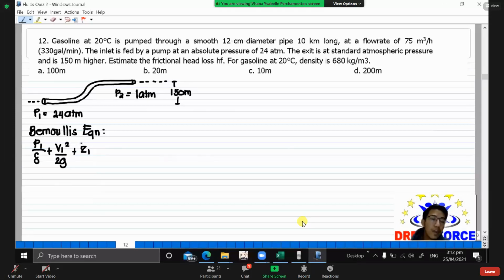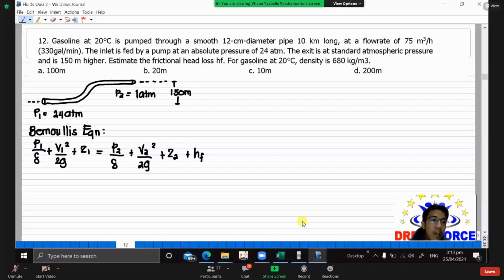Nilalat natin siya as Z1. Velocity head yung V squared over 2G, tawag dito, elevation head. That is equal to P2 over yung specific weight plus V2 squared over 2G plus Z2. Okay, saan ka nagkakaroon ng loss, head loss? Siyempre, kapag ka-inelevate mo yung ating pipe. So meron kang head loss dito, i-add natin dito yung ating head loss due to friction.